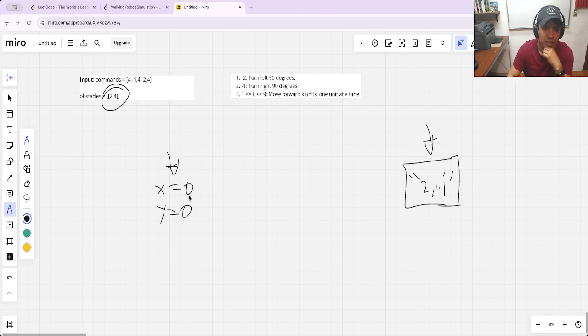But okay, we start here. We should use each of these commands. In this case it is 4, and we are looking in this direction. Now, how do we know which index should be increased?